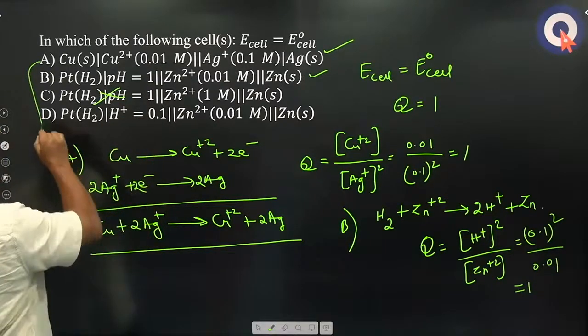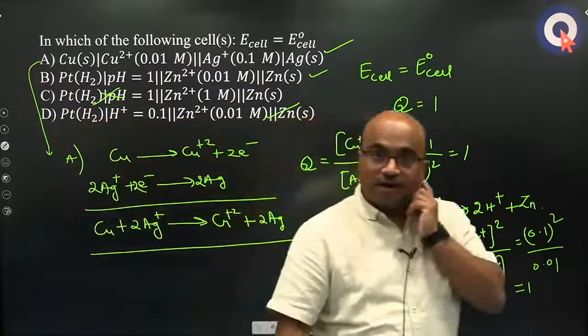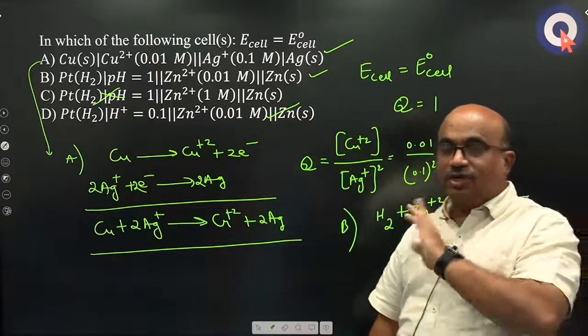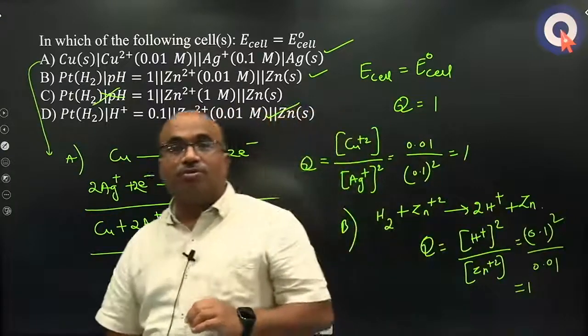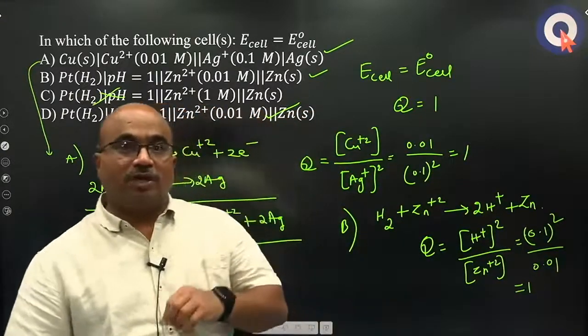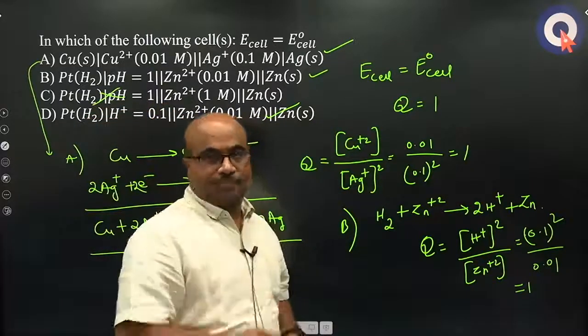So this condition is also where E cell becomes equal to E naught of the cell. Clear? So the condition we should see is where the reaction quotient becomes equal to 1.